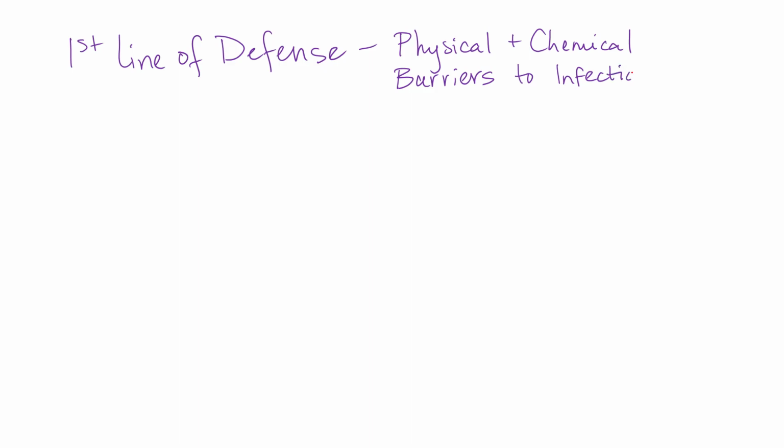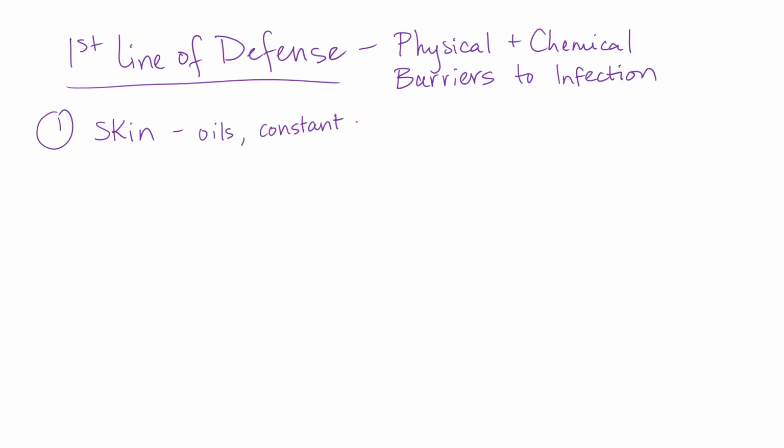So what's going to be a physical or chemical barrier to prevent the infection? We just talked about skin being our largest organ, with all the oils and constant replacement of new skin cells.